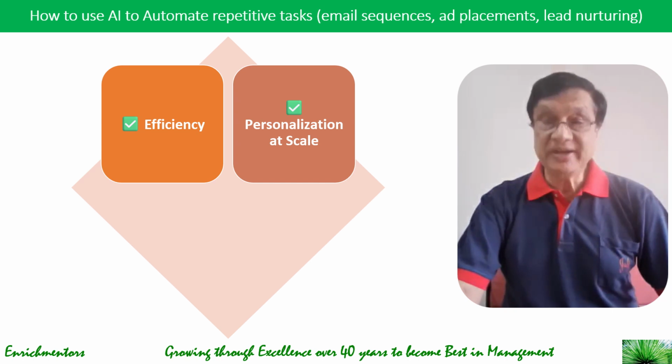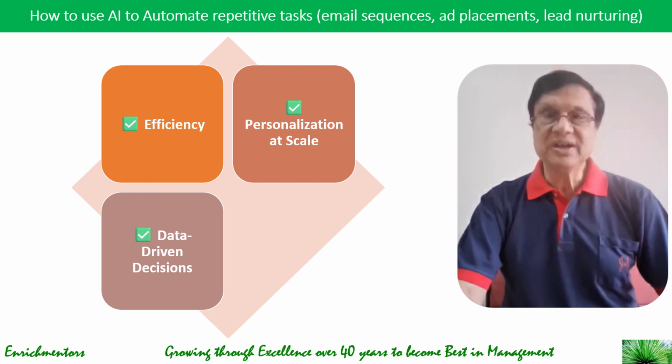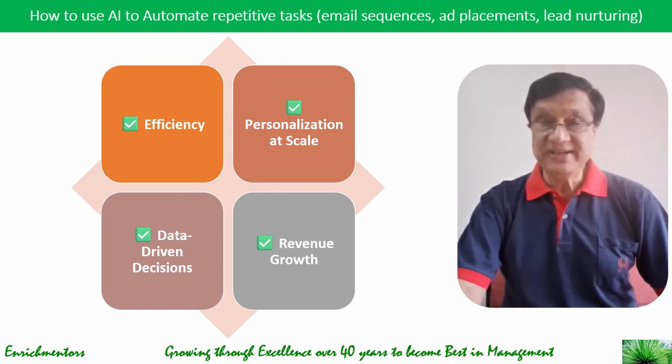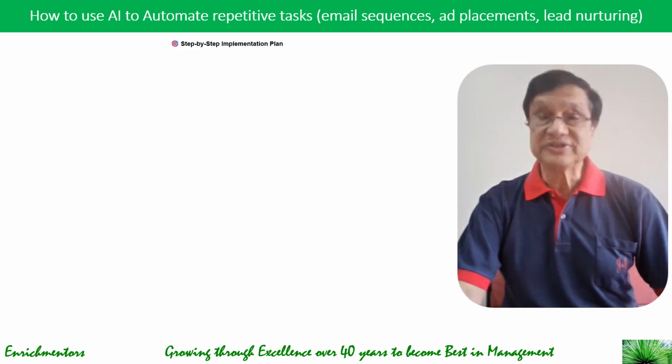And you can make data driven decisions because AI can use real time insights to optimize performance continuously. And there is revenue growth ultimately, which is what you're looking for. Faster, more relevant responses keep leads engaged and drive conversions, right? So these are the benefits.